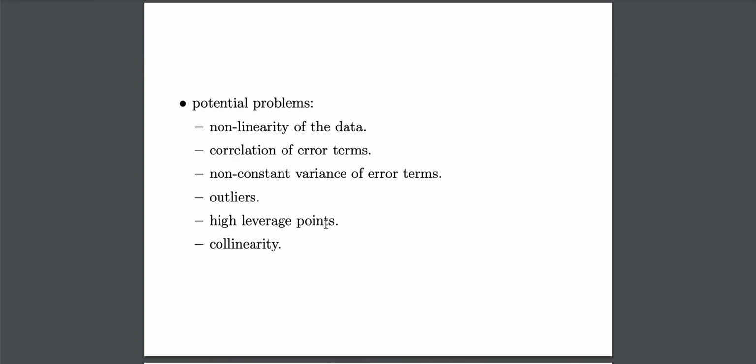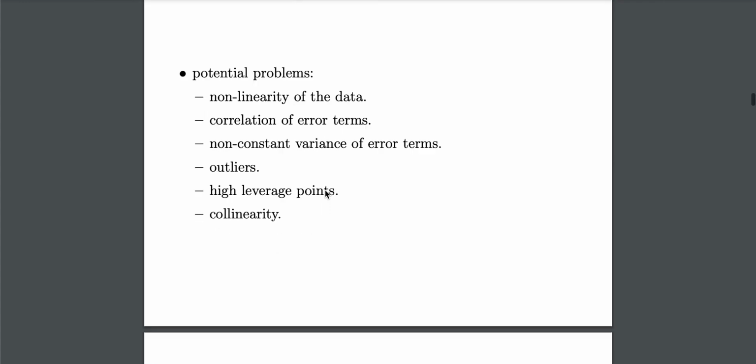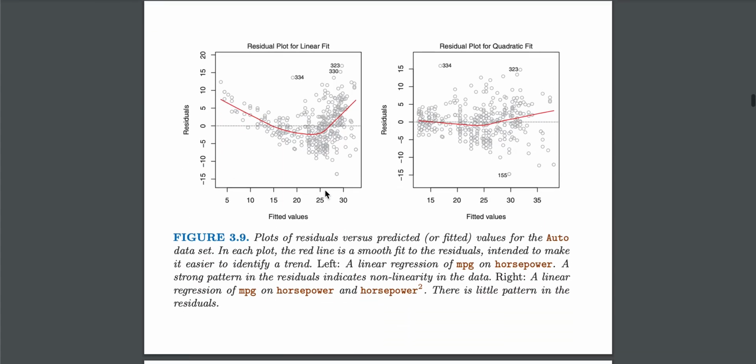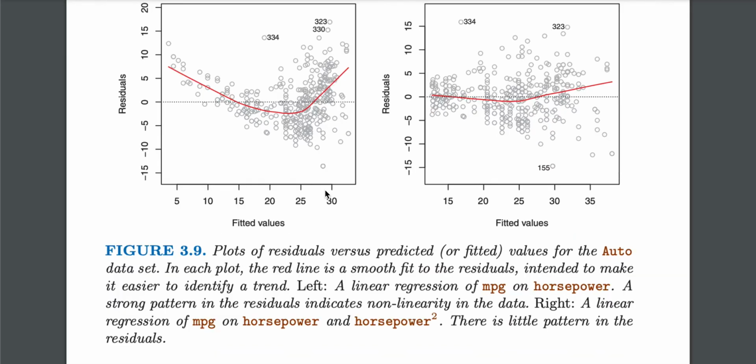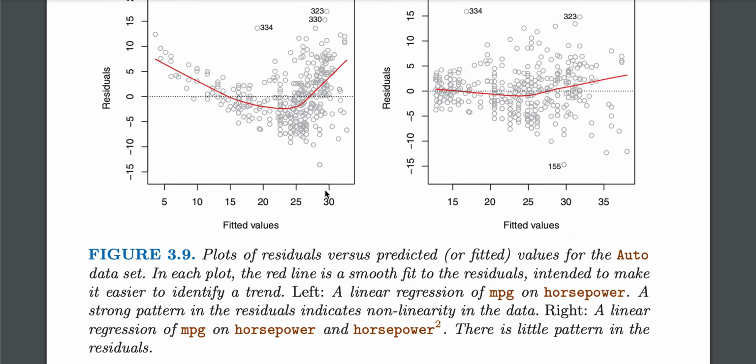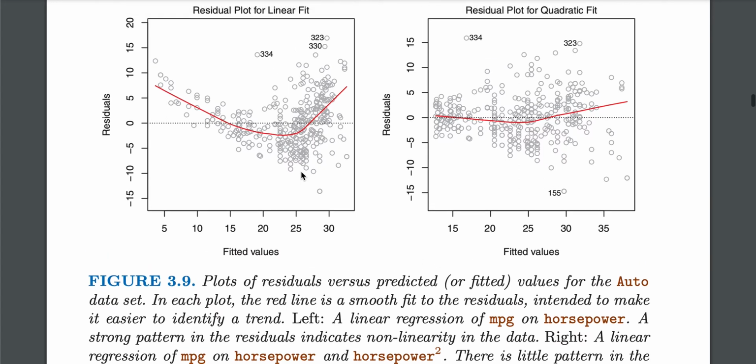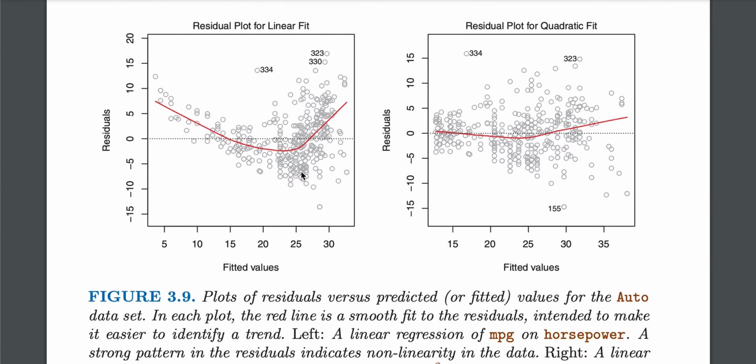So in any regression problems, these are the potential problems: non-linearity of the data, correlation, and error terms. When we say non-linearity, we mean that the residuals, which are supposed to be sort of random, should not have a discernible pattern, especially when you plot them against the fitted values.